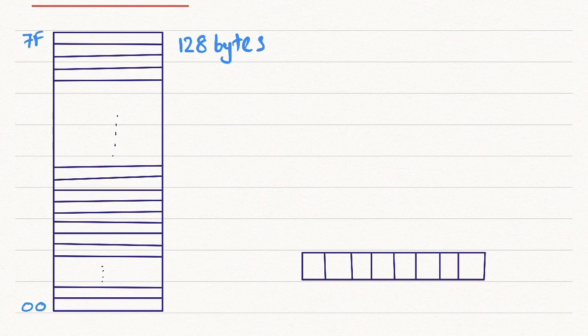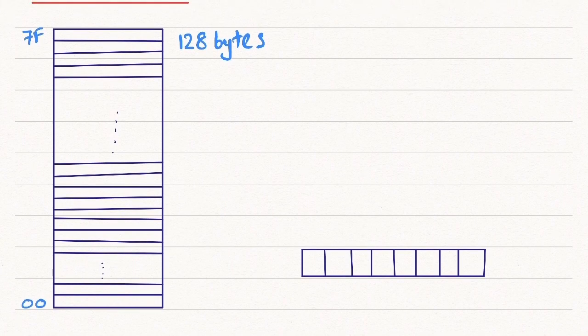So 00 to 7F. The internal memory is divided into 3 sections. The lower 32 bytes we generally use for the register banks, RB0 to RB3. So there are 4 register banks, and above that we have 16 bytes of bit addressable memory.